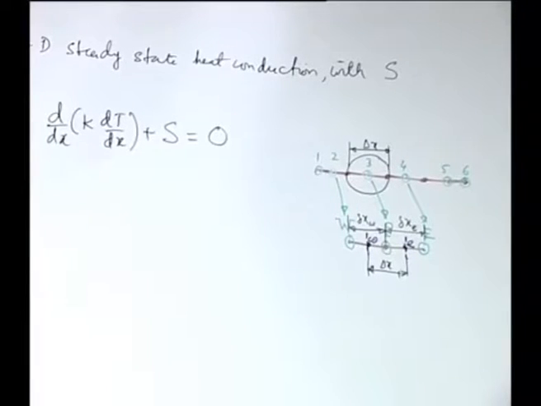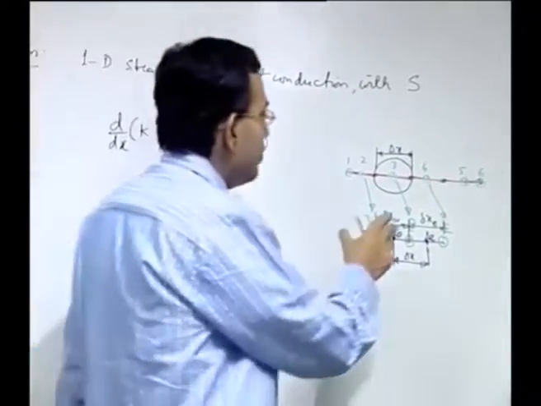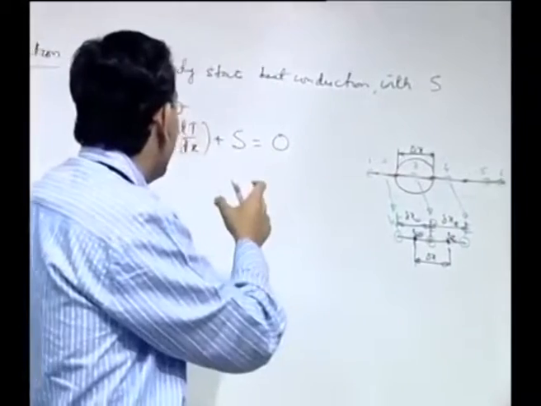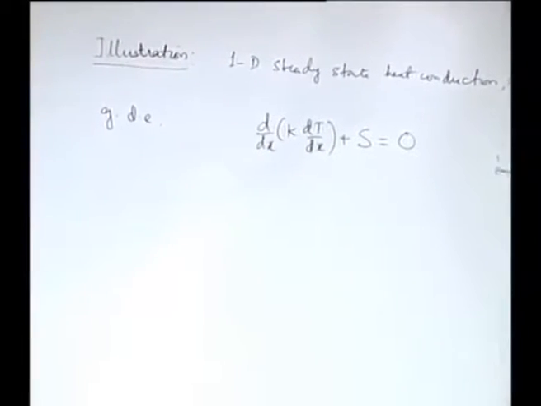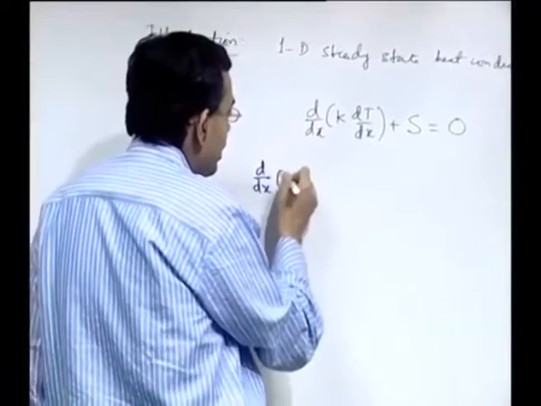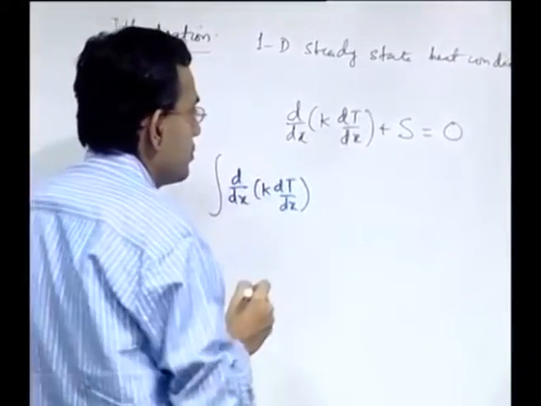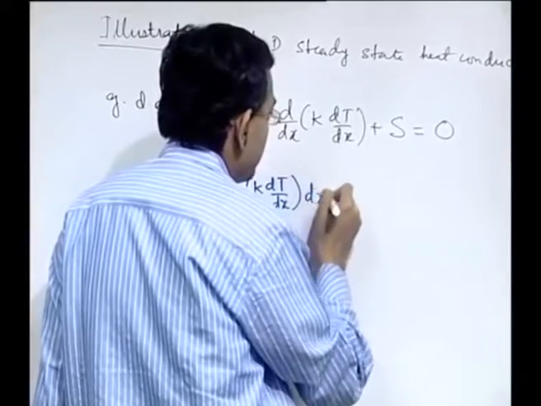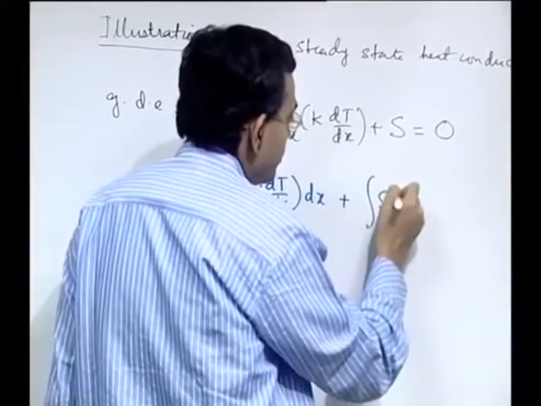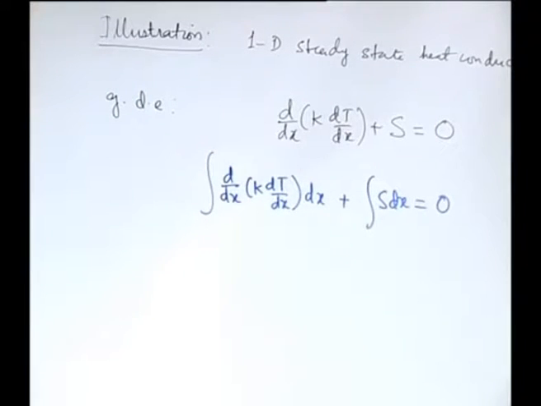Considering that control volume, what is our first step? We have divided the domain into a number of control volumes. The next step will be to integrate the governing differential equation over each control volume. So, we have d/dx of k dT/dx. What are the limits of integration, from where to where?